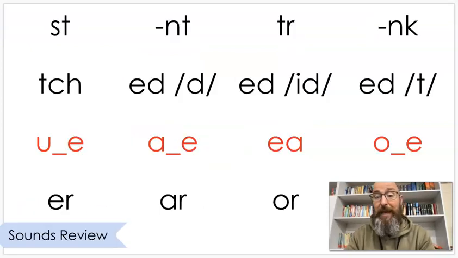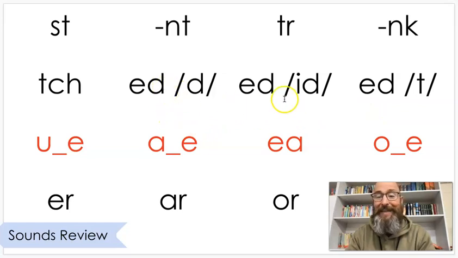All right, let's review some sounds we've already learned, and then we're going to do some silent blending, and we'll be done with this lesson. Say these with me. St, nt, ter, nk, ch. And we know ed makes three sounds.